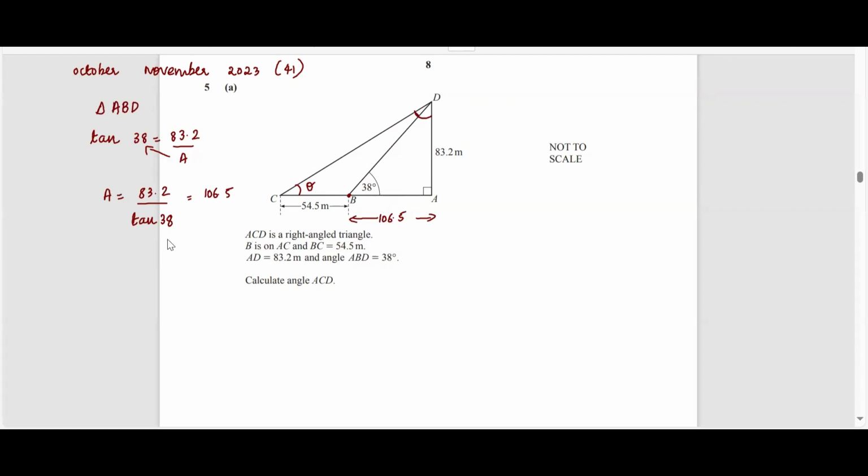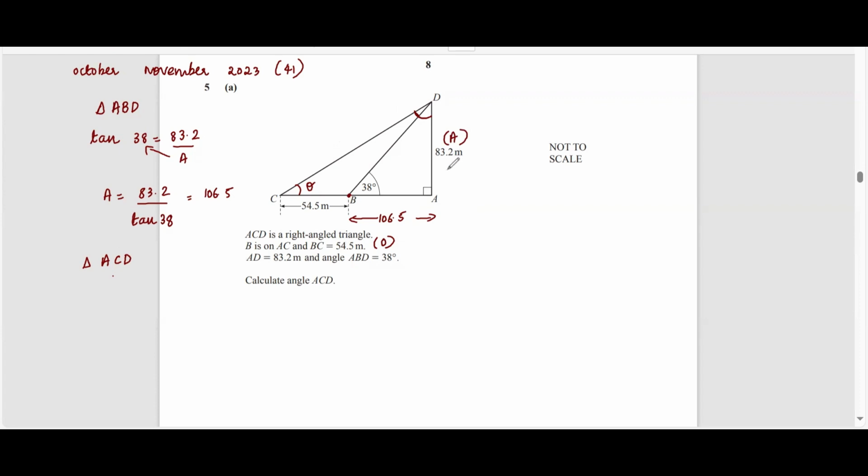Now we are going to consider the bigger triangle ACD. Considering the angle D here, opposite we know, and adjacent also we know. We don't know the hypotenuse.